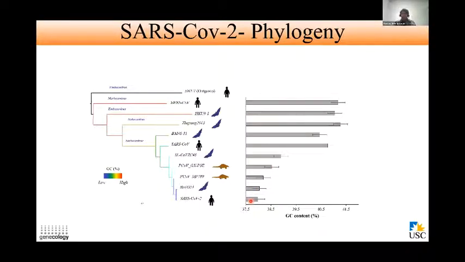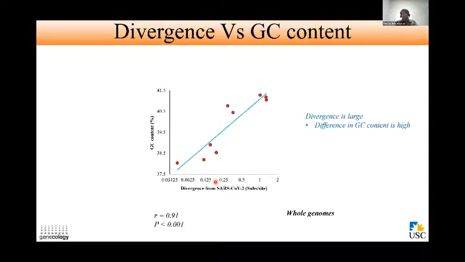To further confirm this, I estimated the divergence of these viruses from SARS-CoV-2. Basically, you calculate the number of nucleotide differences between SARS-CoV-2 and the other viruses and plot that on the x-axis, and the y-axis contains the GC content.